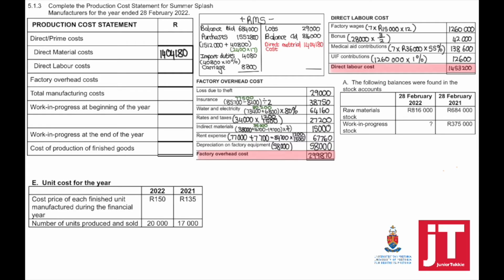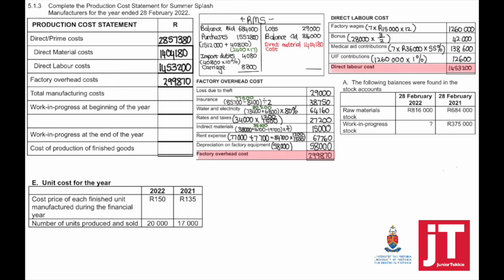So if we look at direct material cost, we've calculated direct labor cost. So we're just transferring the same amount to the production cost statement. Once we've got those two cost accounts, we can calculate our prime cost. Prime cost is direct material plus direct labor.